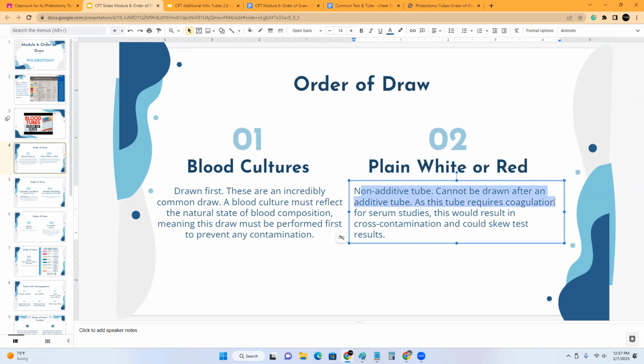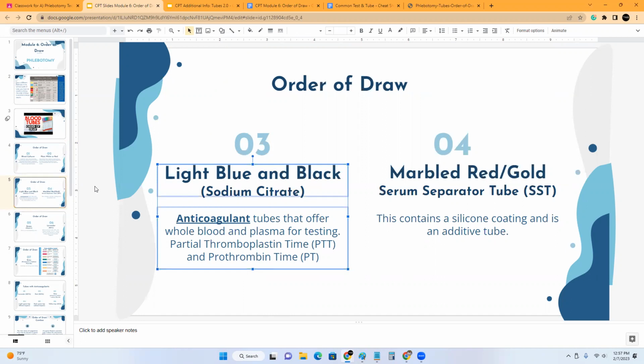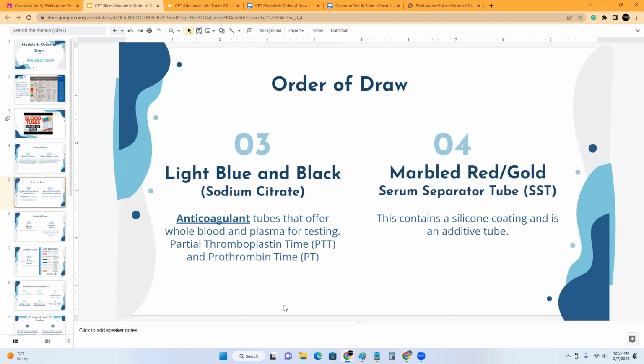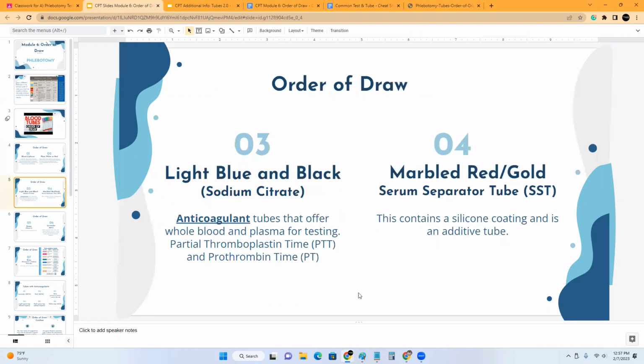Sometimes this may require coagulation, serum studies, and would result in cross-contamination if they're done after a blue one or, say, a lavender one. Okay, so no additive tubes come after blood culture, and then you have your light blue tubes.